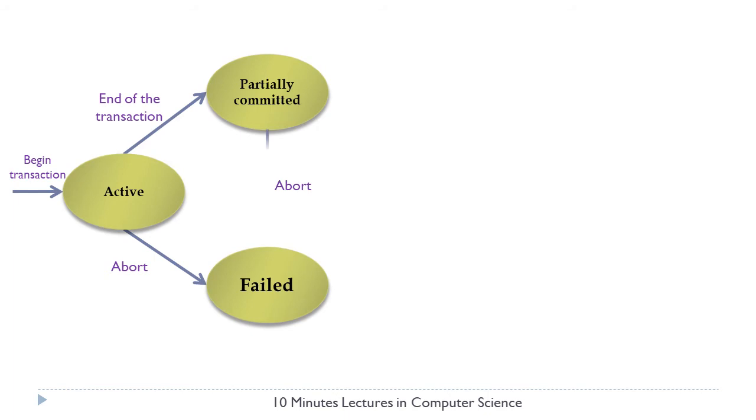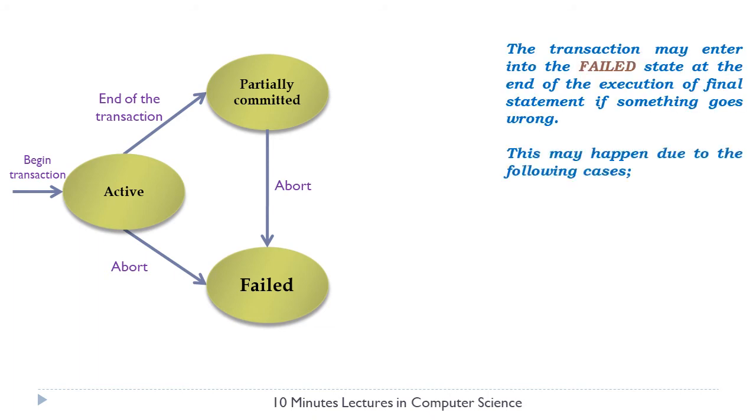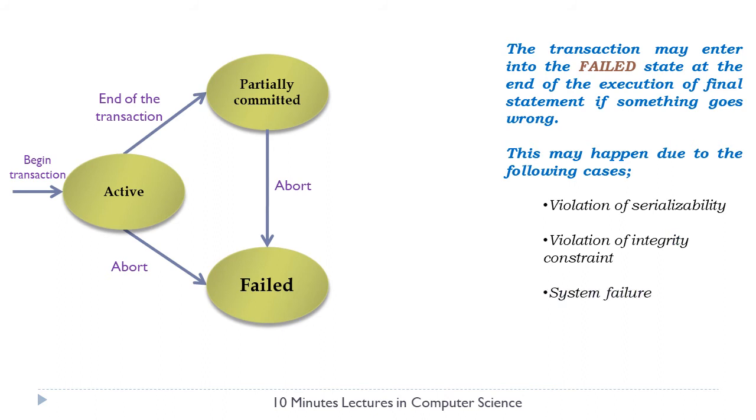We say that that particular transaction is partially committed. And there is a possibility that a partially committed transaction can also enter into a failed state due to some reasons. For example, this may happen due to a serializability violation or an integrity constraint violated or due to some system failure. It may be a power failure or system crash, whatever it is.